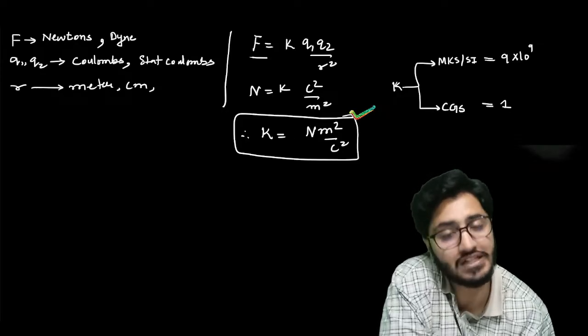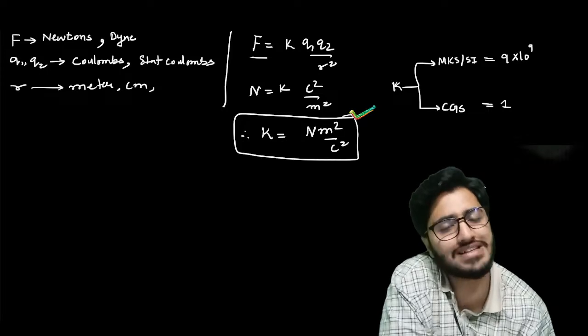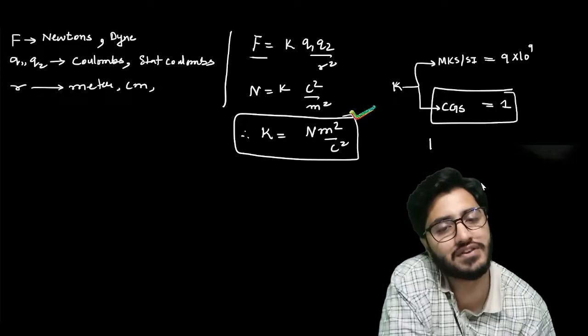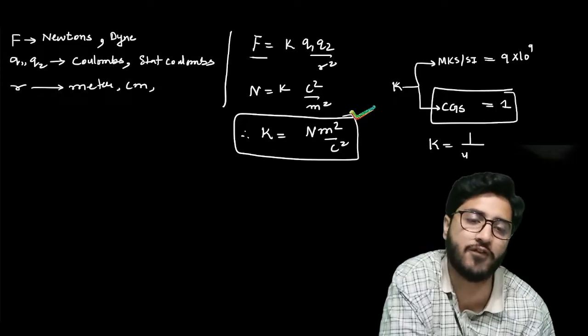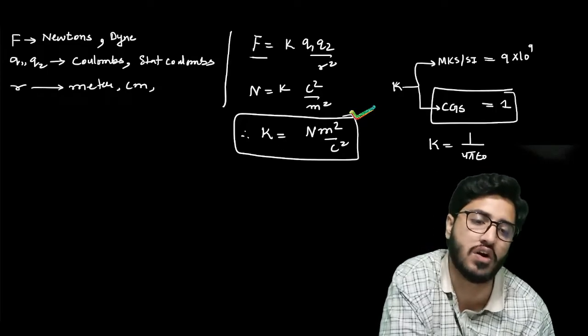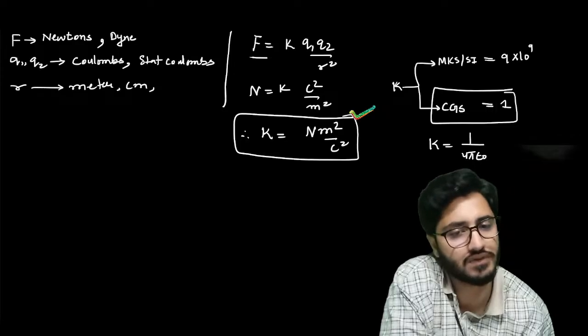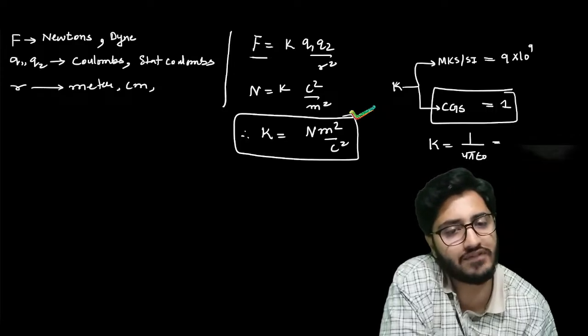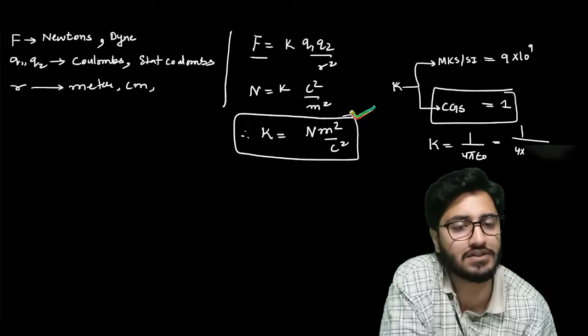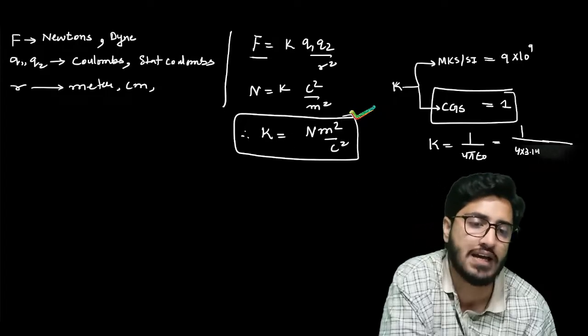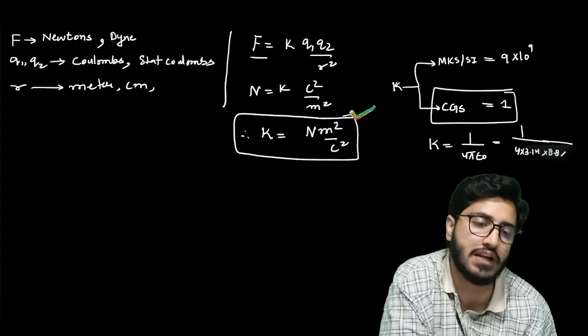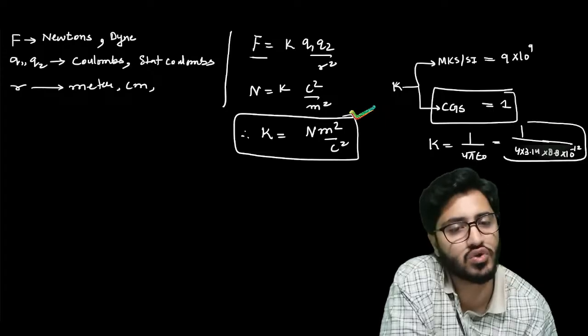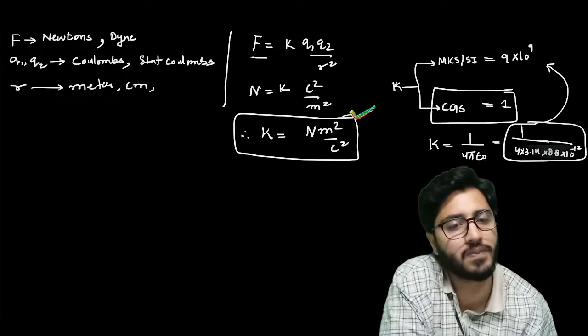Do you know why there is a value of 1? Look, because K is equal to 1 over 4 pi epsilon naught. Done? If I place the values, 1 over 4, pi is 3.14, epsilon naught is 8.8 into 10 to the power minus 12, you will get this value.